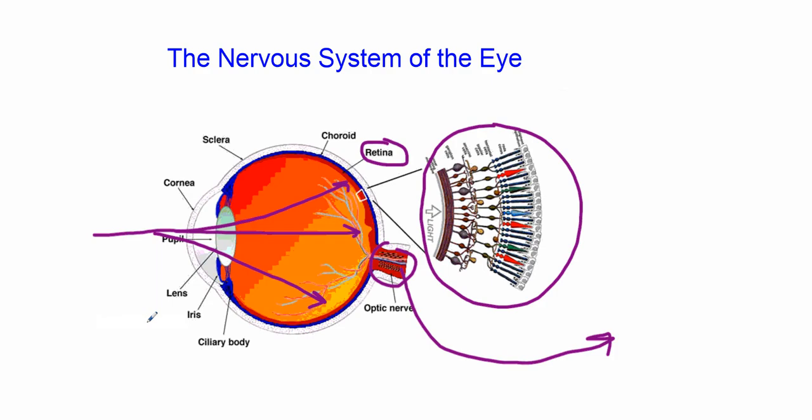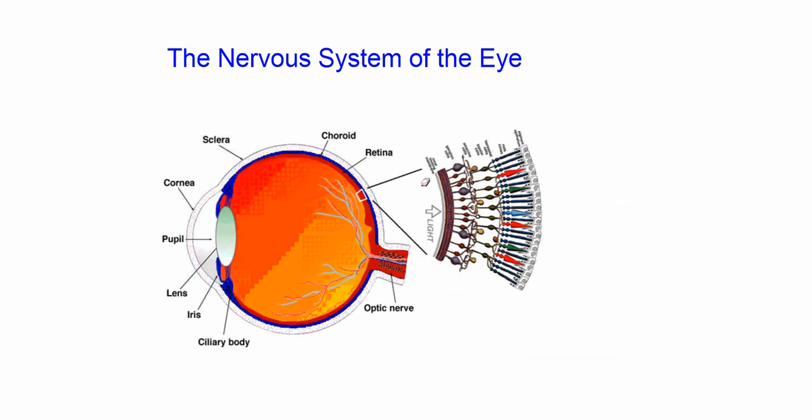Now, let's take a look back at the picture here for a second. I'm going to go ahead and erase this. And you find that the distribution of rods and cones is not very equal. So where are most of the cones found? Most of the cones are found in the middle area of the retina.